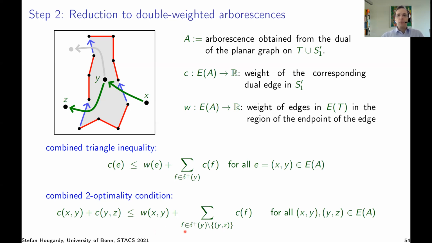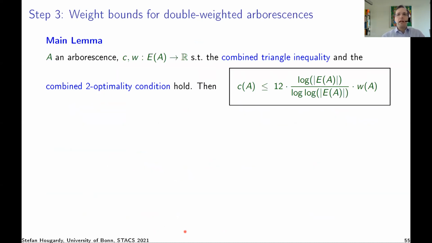Now, if we have these two inequalities and these two weight functions on our arborescence, we can go to the third step in our proof, where we derive weight bounds between the C value and the W value of our arborescence.